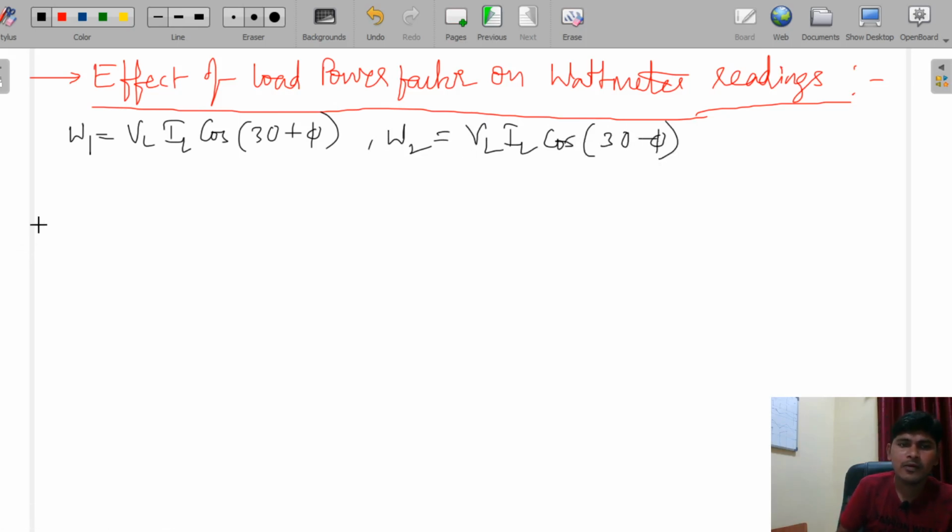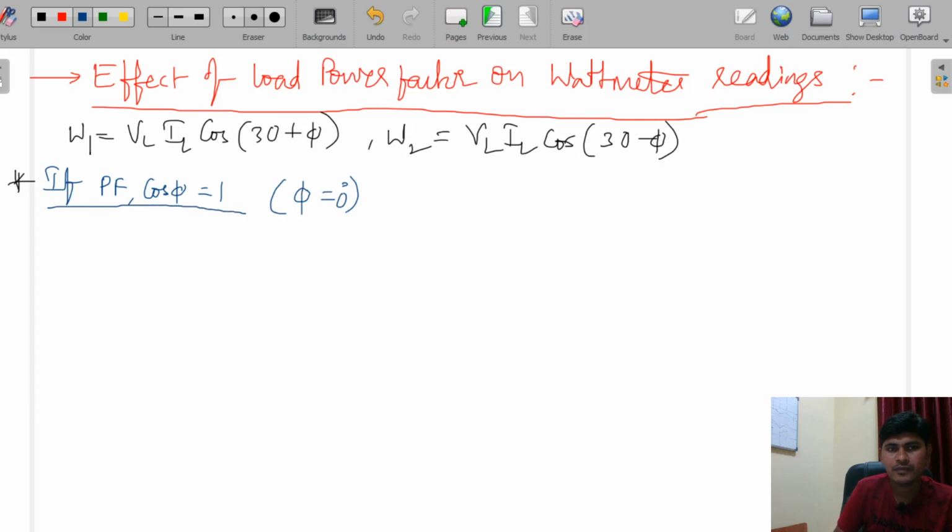Now case 1: if power factor cos phi is equal to 1, that means phi is equal to 0 degrees.